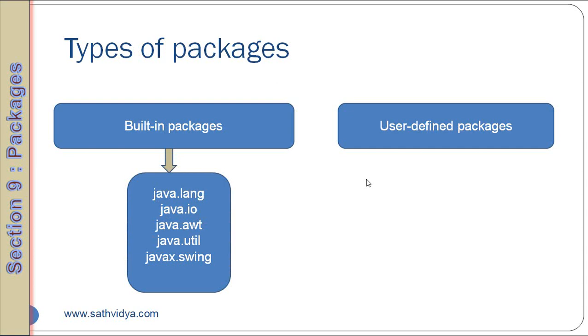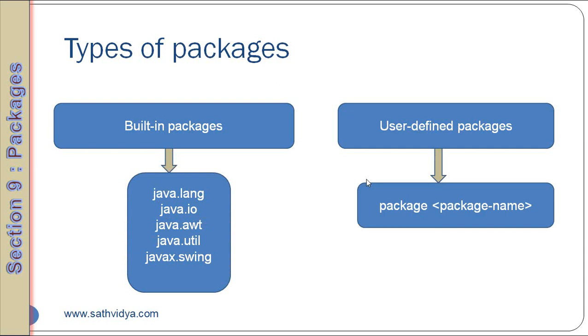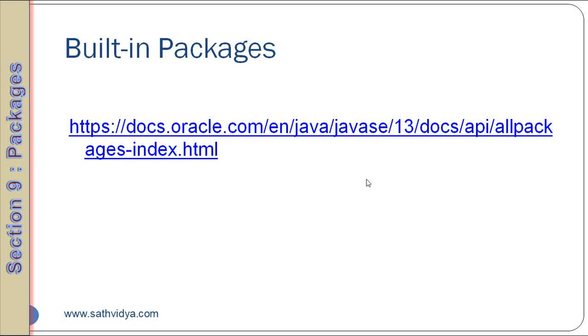These packages have predefined methods inside, related to the types. We can also create user-defined packages by giving our own user-defined name. In this lesson we are going to look at the built-in packages.